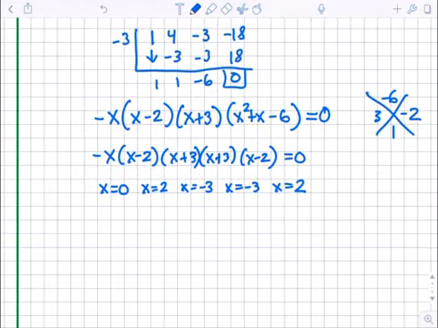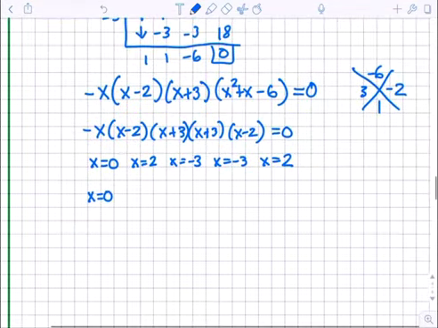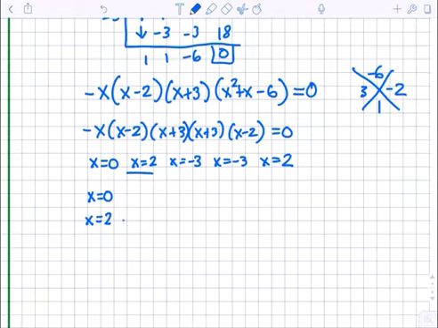Alright, so there's that. Now notice that we have x equals 0. I'm going to rewrite it. x equals 2, but notice that there's 2 of them. So that means multiplicity of 2.